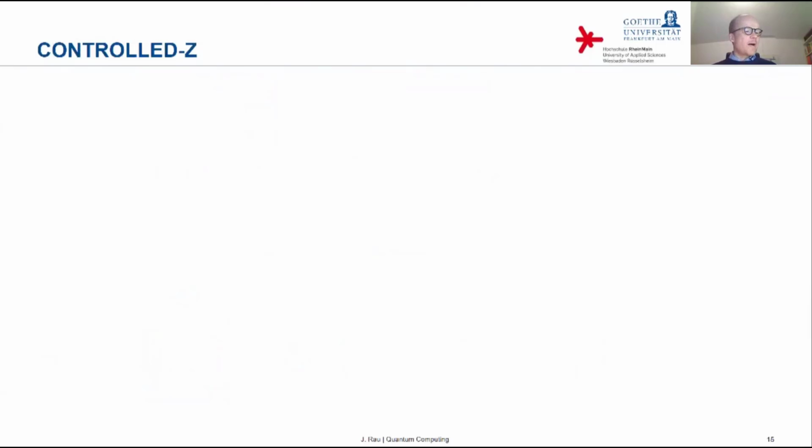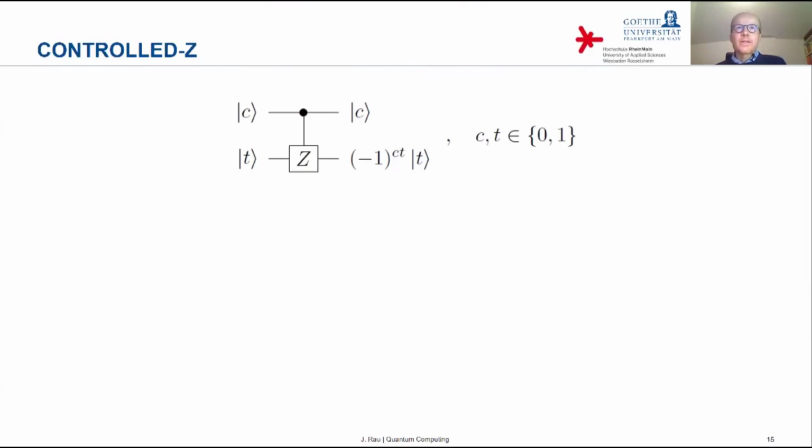Okay, after the CNOT, let me show you a few more 2-qubit gates. One is very similar to the CNOT. It's called a controlled Z gate.